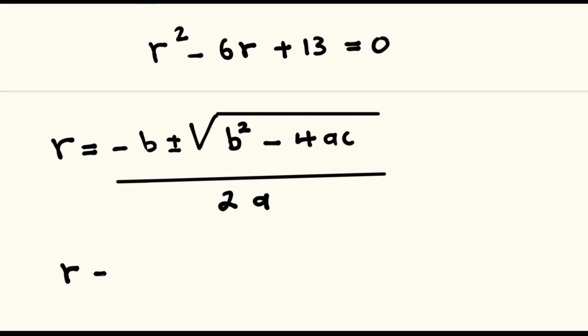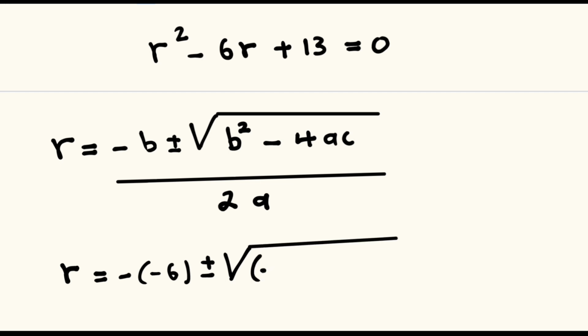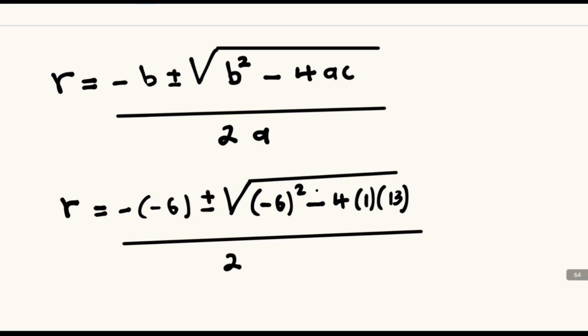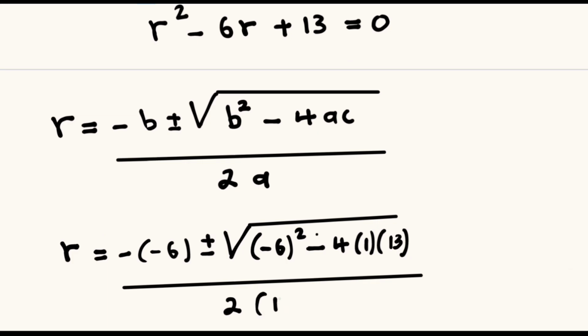So our r will be equal to the negative b, and b is equal to negative 6, plus or minus the square root of b squared, and b is equal to negative 6, minus the 4a, and a is equal to 1, and c is equal to 13, and this is divided by the 2a, and our a was equal to 1.